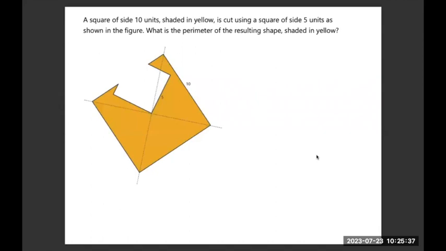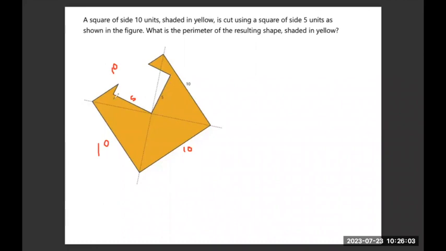Here, there is a yellow colored paper, which is a square. You're given the side also. I'll just write, the side of that is 10. This is also 10, and the whole side will be 10. A second square is cut from that, which is of the value of 5.